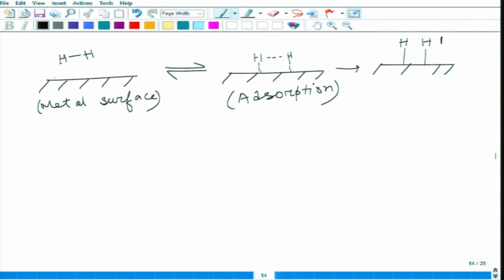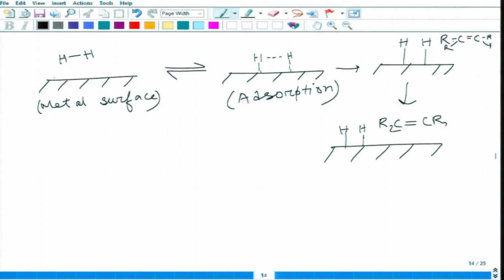Now, we have the alkene. Okay. So, what happens? The alkene also gets adsorbed to the metal surface, and this double bond becomes a partial double bond. Okay. So, this gets adsorbed to the metal surface.